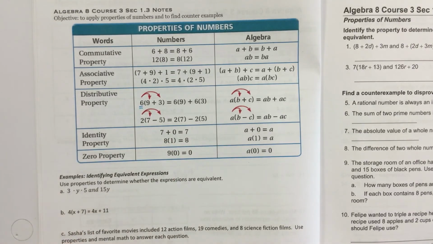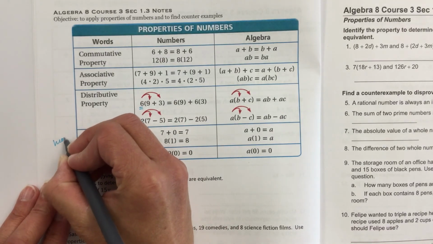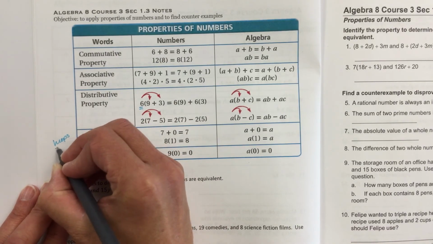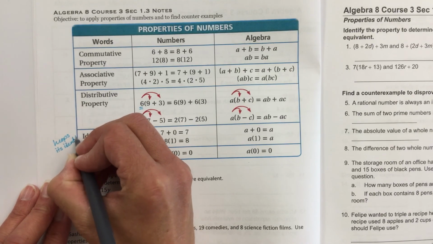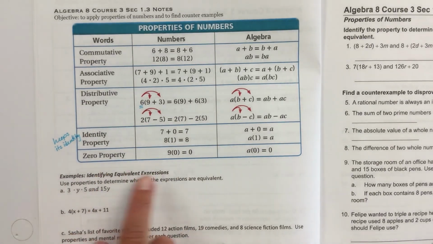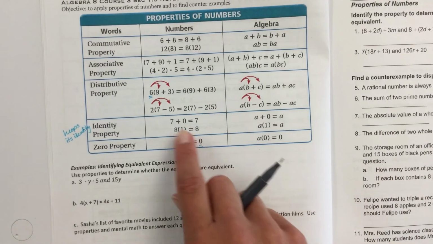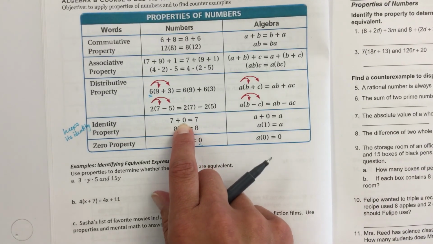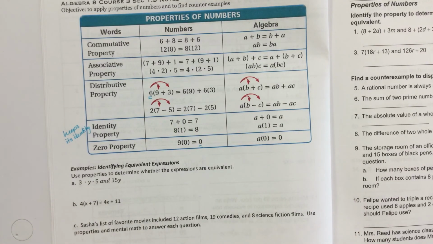When you do that, the number stays the same, so it keeps its identity. That's how I remember it. And then zero property is when you multiply by 0, it goes to 0. Okay. So just be careful because some people say, oh, I added 0, so that's a 0 property. Nope, it kept its identity, so that means it's the identity property.